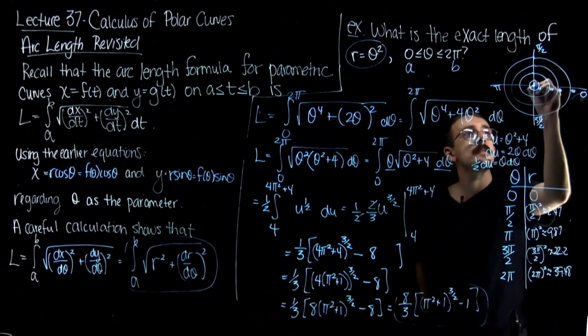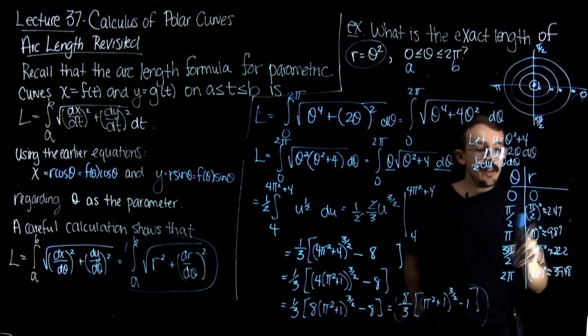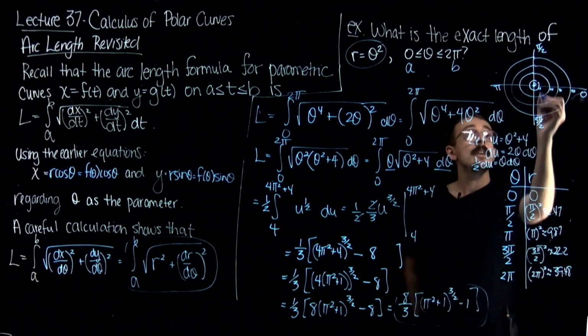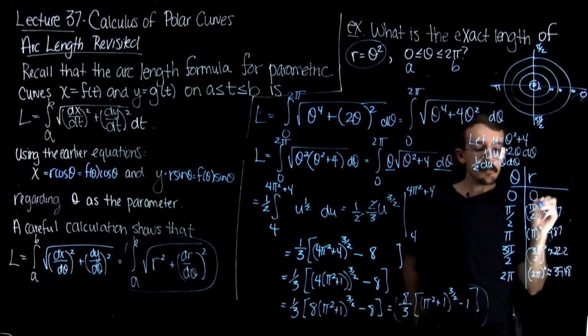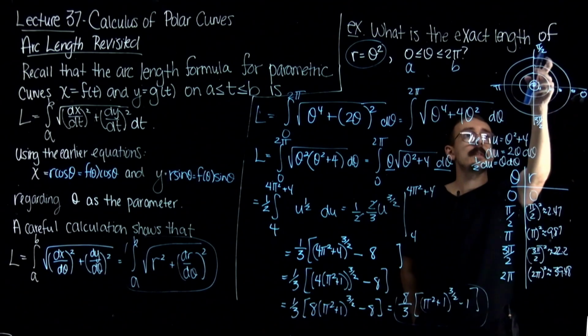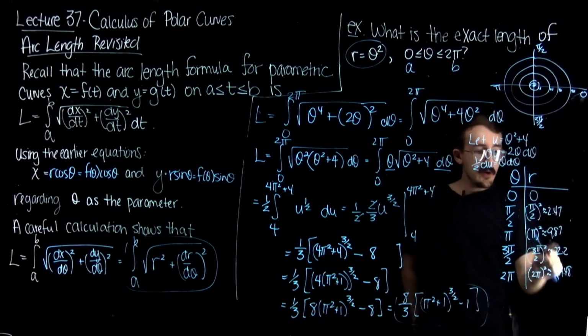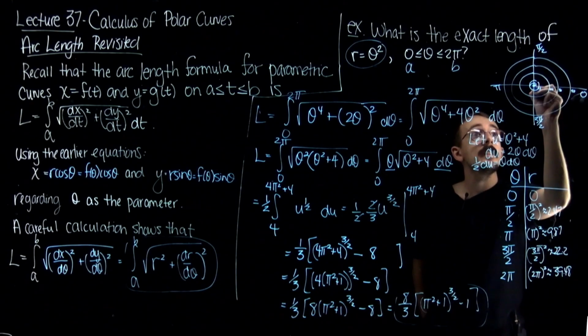So we go like this first. And then at the angle pi, you move out almost to 10. It's 9.8. So here's the next point on our path. So it goes like this. At 3 pi over 2, so at 270 degrees, you go down a little more than 2 of the rings, so 22. So by then, I would be down here.